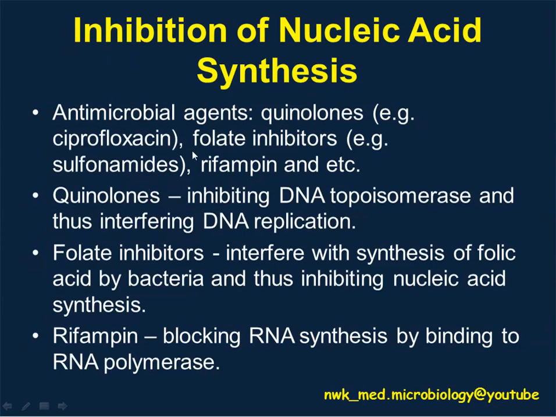The fourth group of antibiotics that inhibit bacteria inhibit nucleic acid synthesis. This refers to inhibiting DNA replication or transcription. Examples are the quinolone group, like ciprofloxacin, one of the commonly used antibiotics in clinical practice, folic acid inhibitors like sulfonamide, and rifampin.